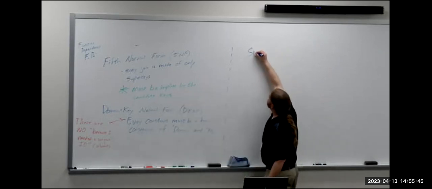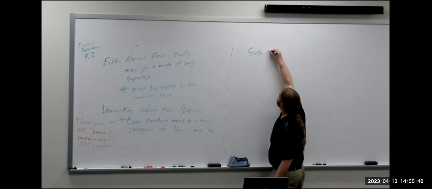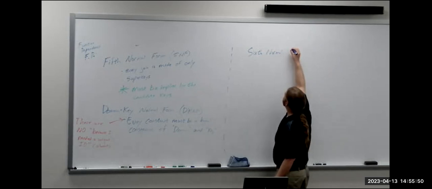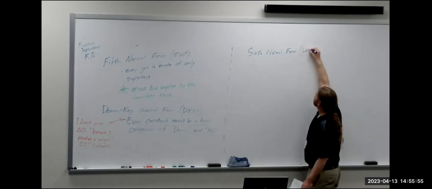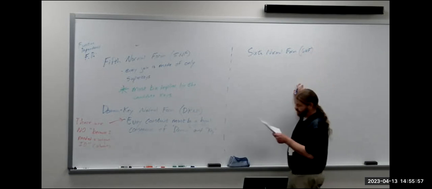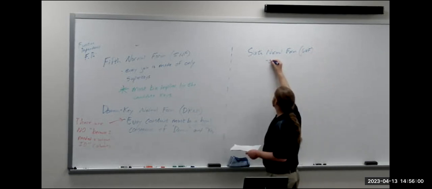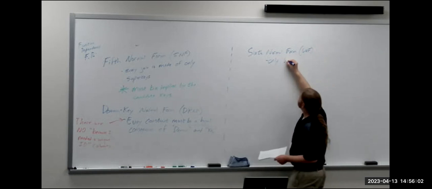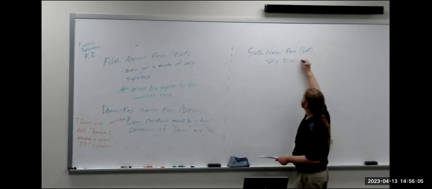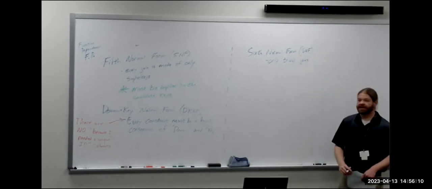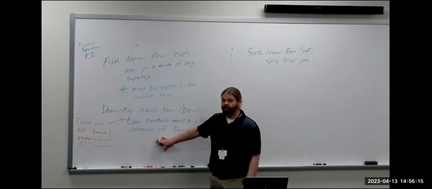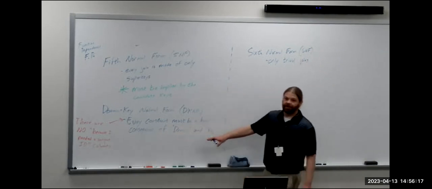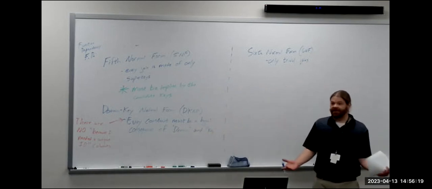And 6 normal form. Only trivial joins. So we have it in domain key normal form, which is all the obvious stuff that naturally falls out of our data set.